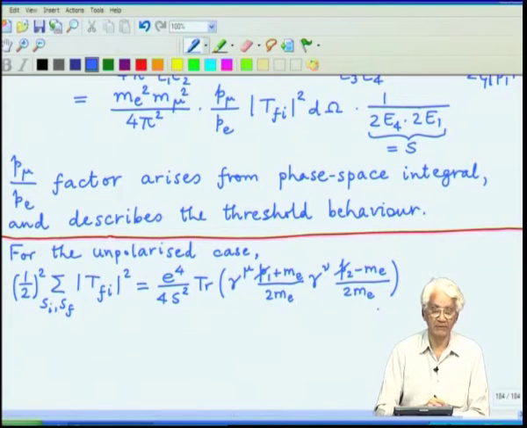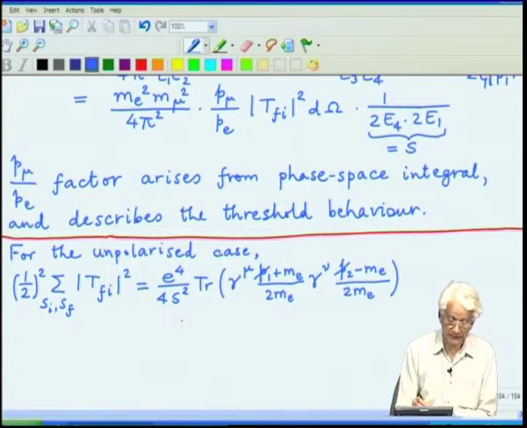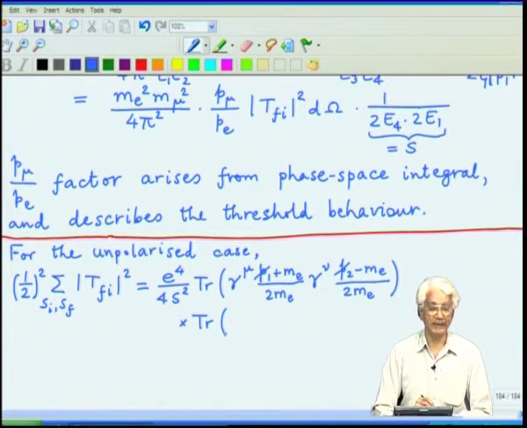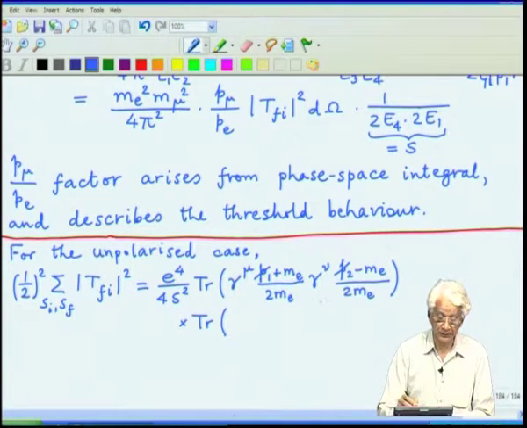So, this is what becomes of the electron line, and then this object has to be multiplied by the corresponding factor coming from the muon line.